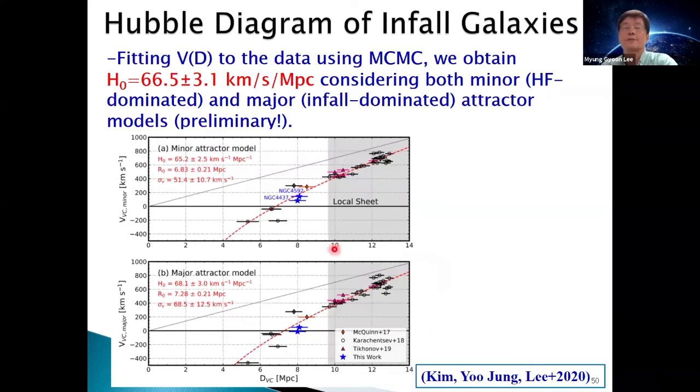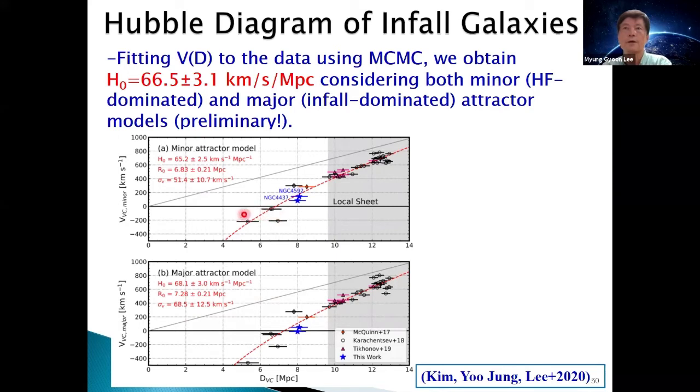What is the result? This is the relation between Virgo-centric velocity and Virgo-centric distance. Galaxies are located here, and the horizontal line is zero velocity, and the radius around 7 megaparsec represents the zero-velocity radius.